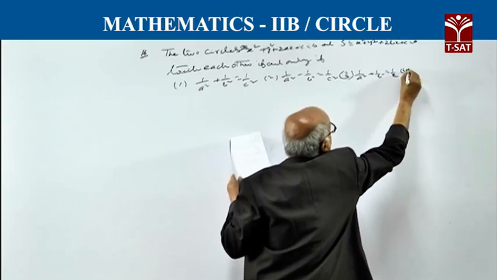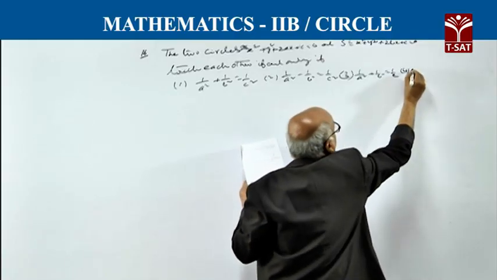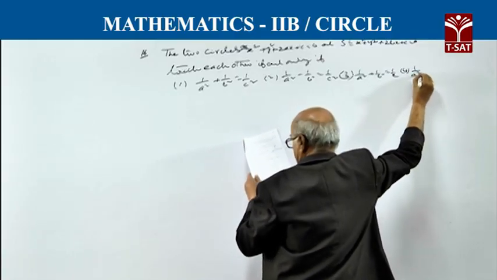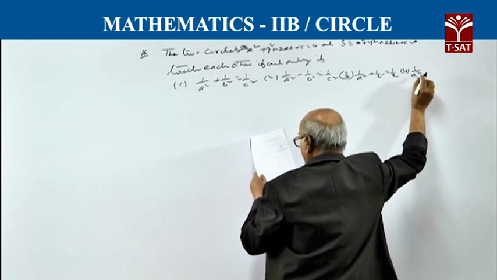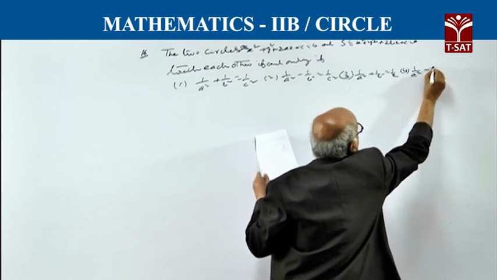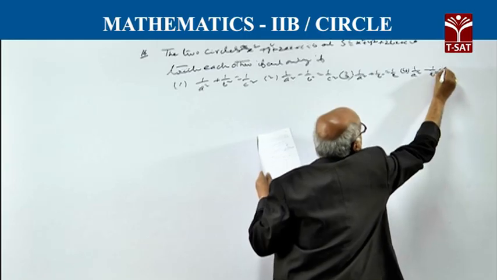And 4 is 1 by a square minus 1 by b square is equal to 1 by c.